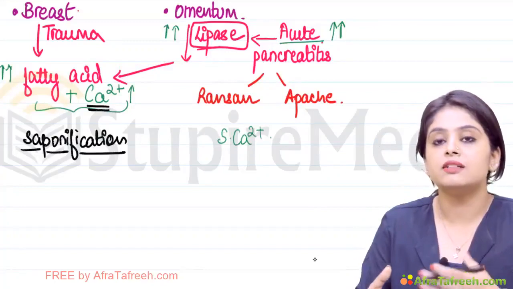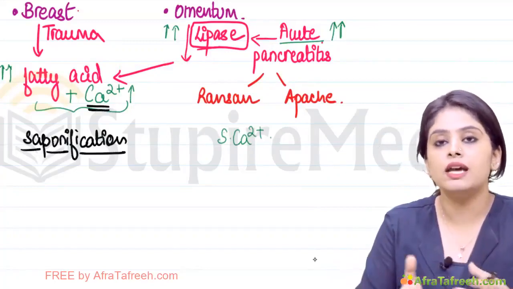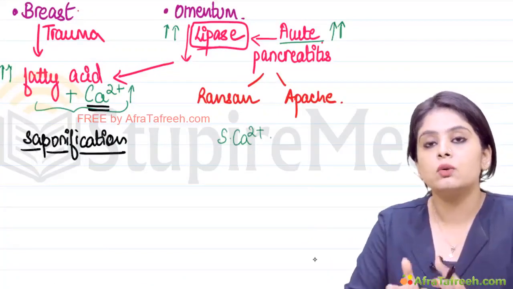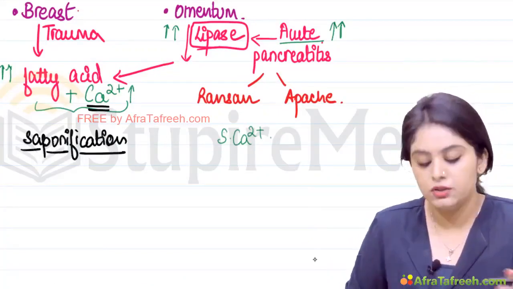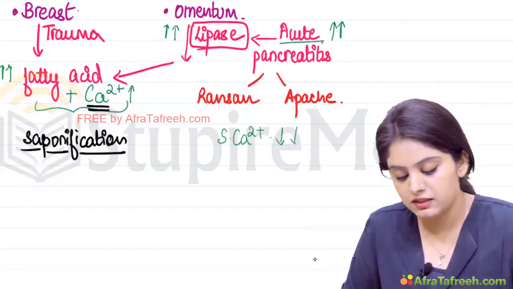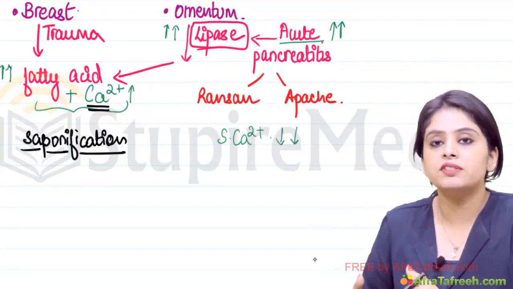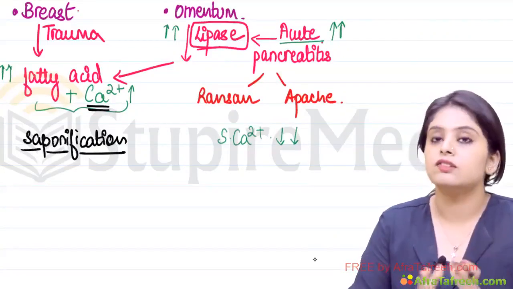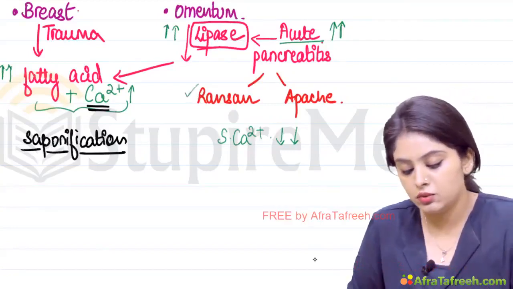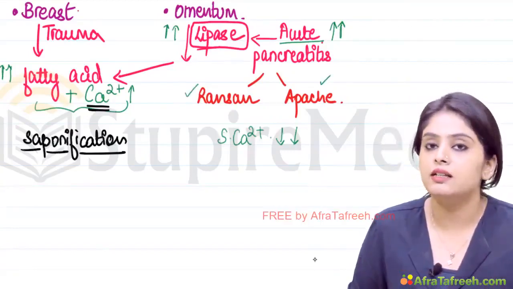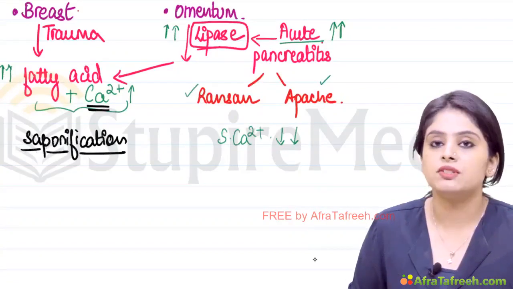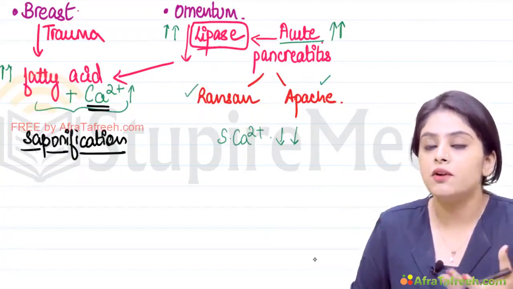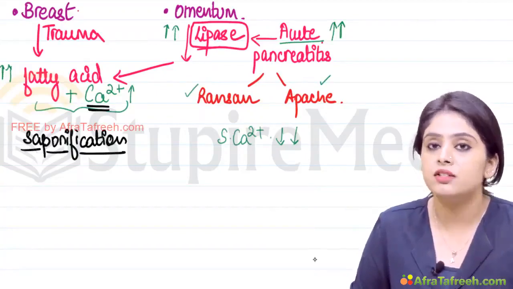So all the calcium that is normally circulating is now going and combining with these fatty acids, resulting in fat necrosis. So what will happen to the serum calcium level? You are correct, the serum calcium level will decrease, because all the calcium from the serum is going and combining with the fatty acids. Now this concept is very commonly used in these two prognostication criteria, Ranson's criteria and Apache's criteria. So as I had said, with pathology you are forming a foundation for medicine as well as surgery.